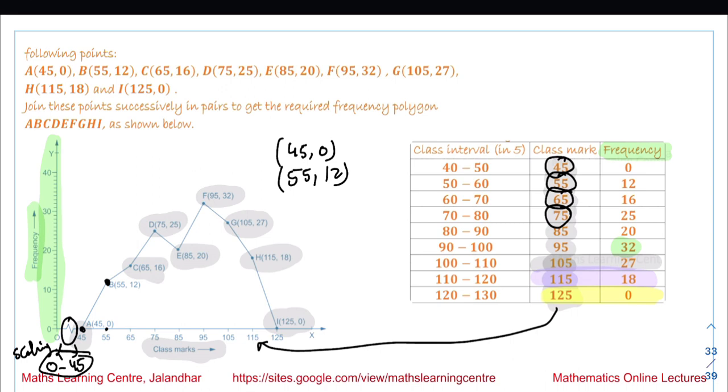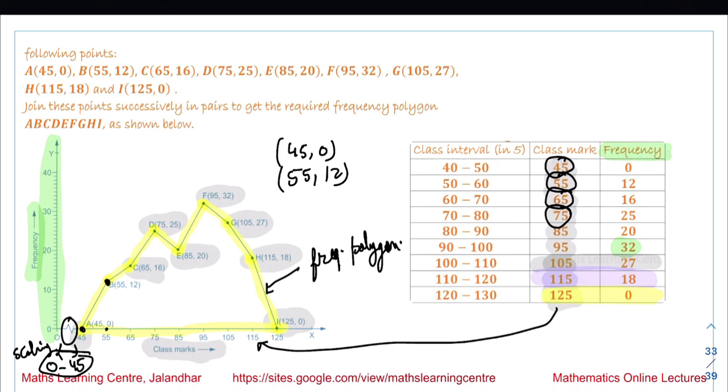Now the next step is to join all these points with the scale. We have joined A, B, B, C, C, D, D, E, E, F, F, G, G, H and H, I. We have joined all these points with a scale, and this polygon that we have formed is the required frequency polygon.